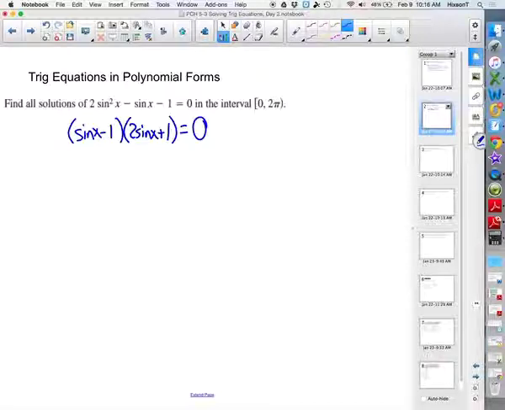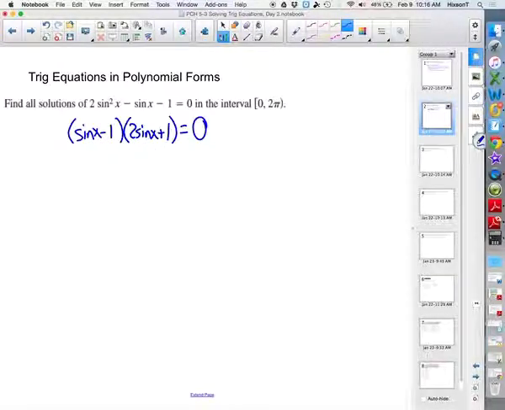We have different signs, so we are going to get the minus 1 at the end. The outers will give us a plus 2 sine squared. The inners give us a minus 2 sine. So 1 sine minus 2 sine is negative 1 sine, like we want. So double checking there, you're factoring, you can check the outers and inners.